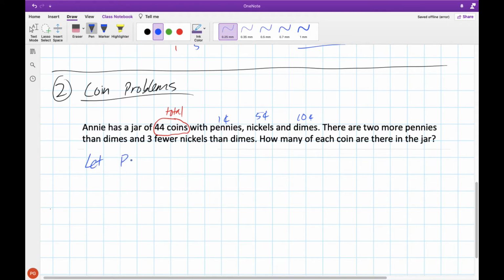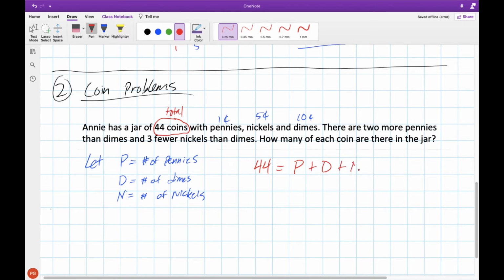So I'm going to say P is the number of pennies, D is our number of dimes, and N is our number of nickels. And we know that our total, so we have 44 coins in total, should be equal to the number of pennies plus the number of dimes plus the number of nickels. But we don't know how to solve equations like this where we've got a bunch of different types of variables.